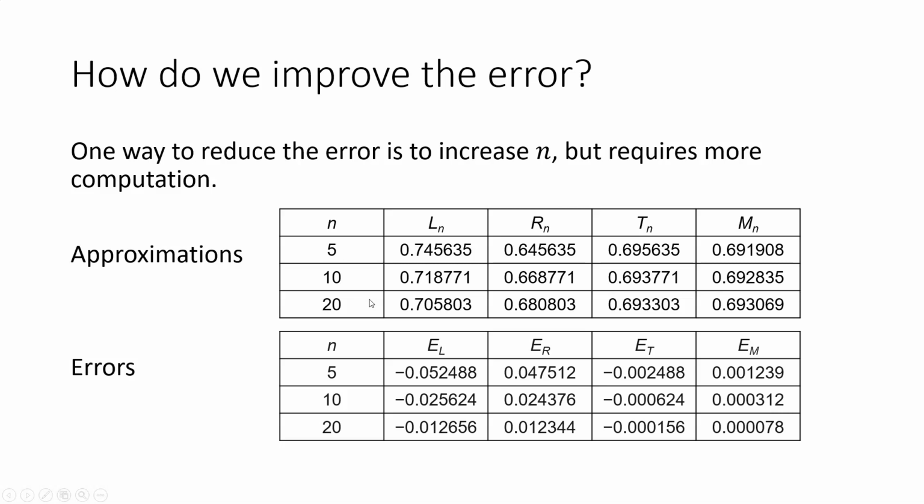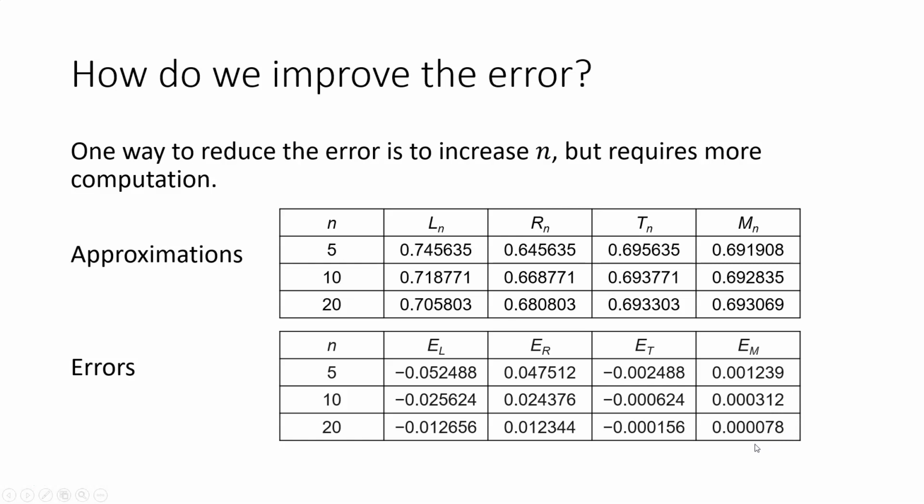And it looks like if I had n equals 20 rectangles, the left and the right endpoint rules are still not very accurate compared to the trapezoid and midpoints. To see the actual errors, even with 20 rectangles, the left and the right endpoints had pretty big errors, especially compared with the trapezoid and midpoint rules, where the errors were very small. Among these different approximation rules, the midpoint has the smallest error of all of them.